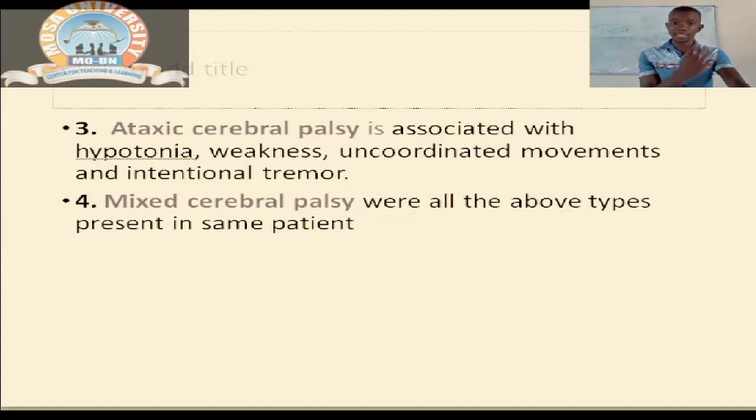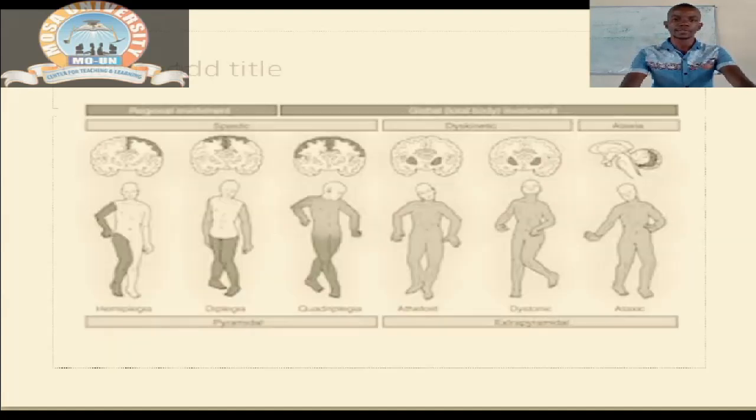And the fourth class is the mixed cerebral palsy, where all of the above types are present in the same patient. Okay, so that is about the classification of cerebral palsy. So we have four classifications: spastic, athetoid, ataxic, and mixed cerebral palsy.